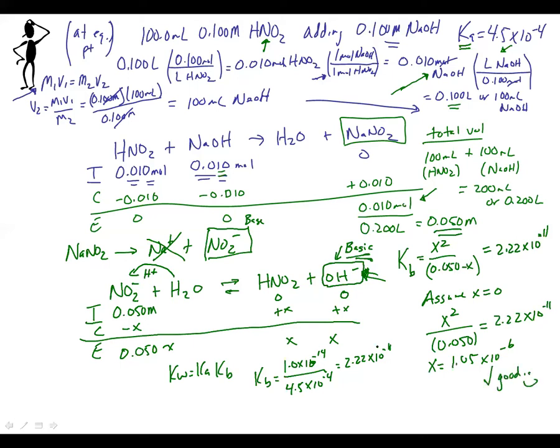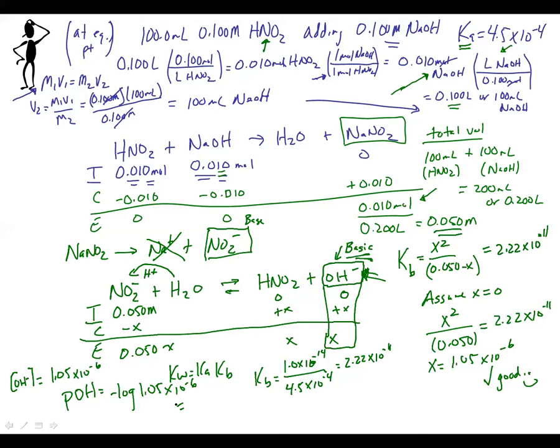That means when we go to our table, X in this case is equal to the OH minus concentration. So the OH minus concentration equals X, which is 1.05 times 10 to the minus 6. Again, that does not give you the pH, though. It gives you the pOH, which would be minus the log of 1.05 times 10 to the minus 6.